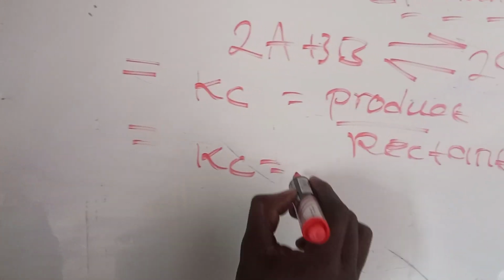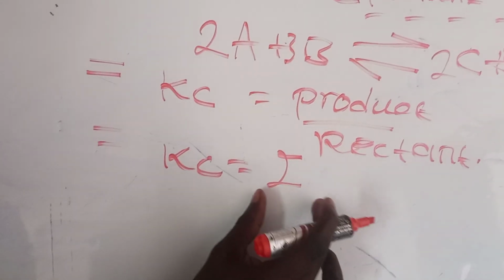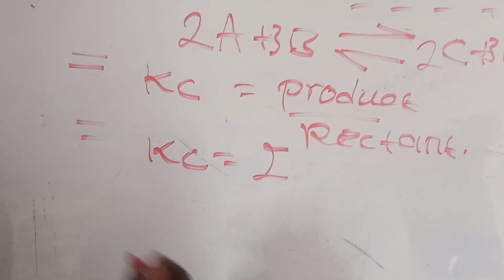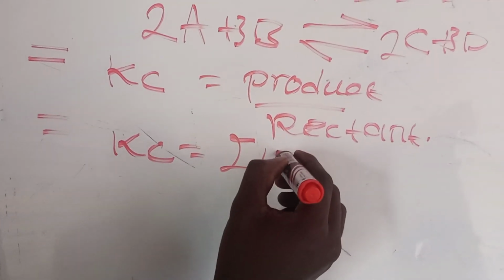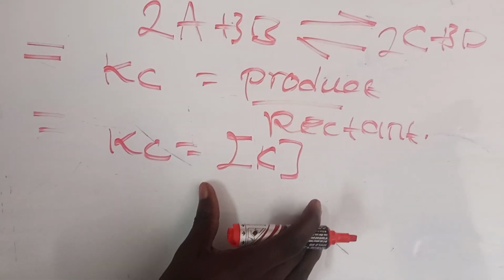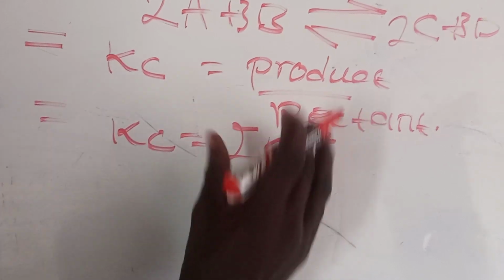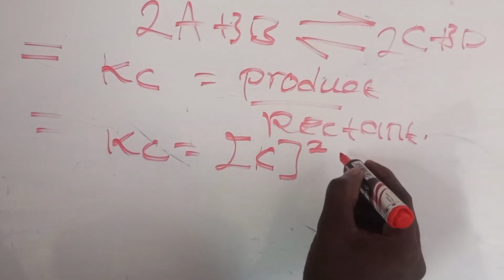So Kc is equal to, getting the concept from chemical kinetics, the concentration of C, and what is the coefficient of C? It is 2. Hence that coefficient is going to be the power above the concentration.